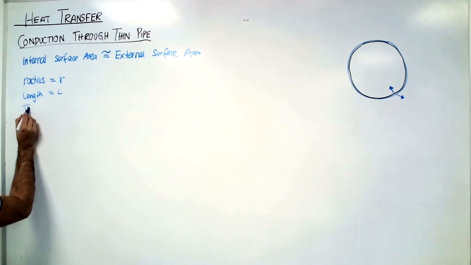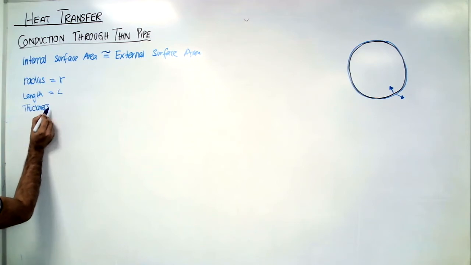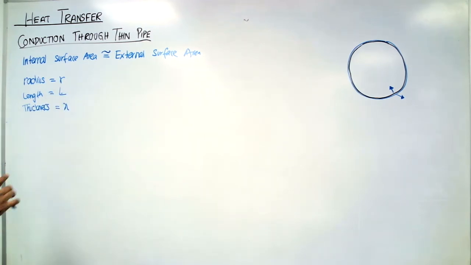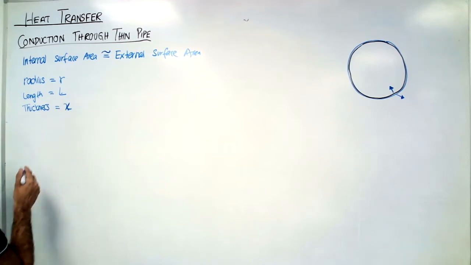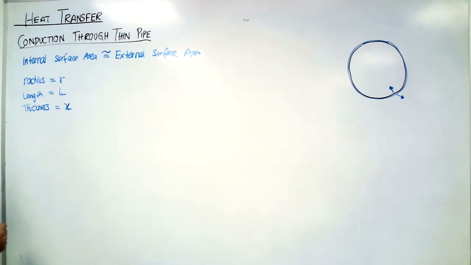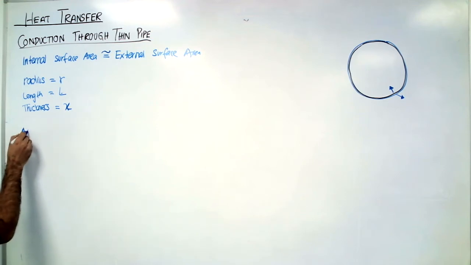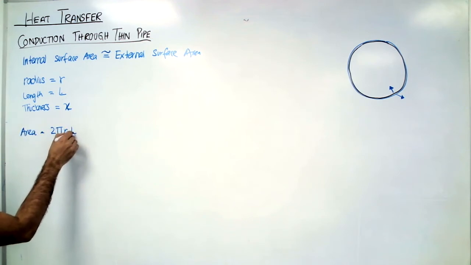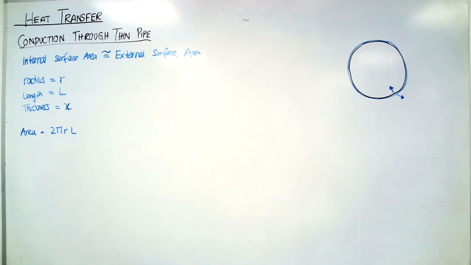And let's say the thickness is X. The surface area of the cylinder is going to give you 2 pi r L. That's the formula for the surface area of the cylinder, just the outer one, not the top two bits.